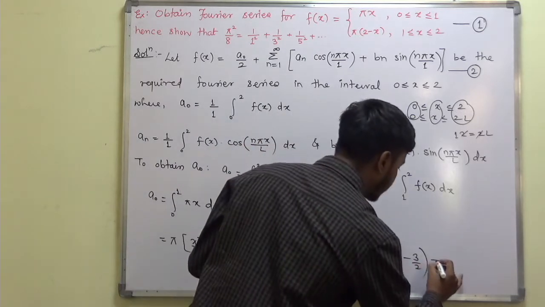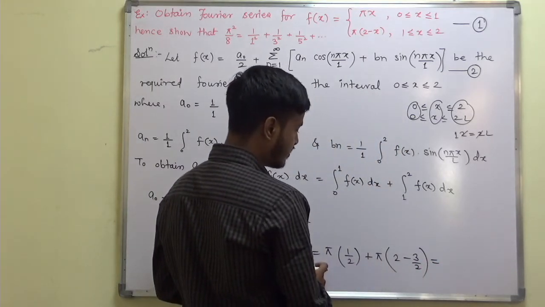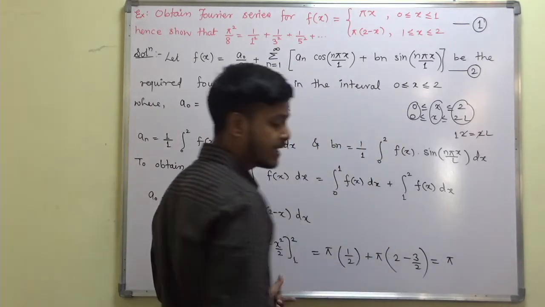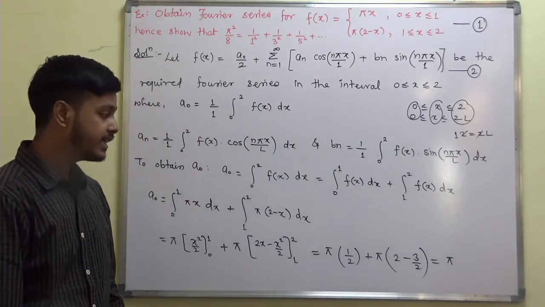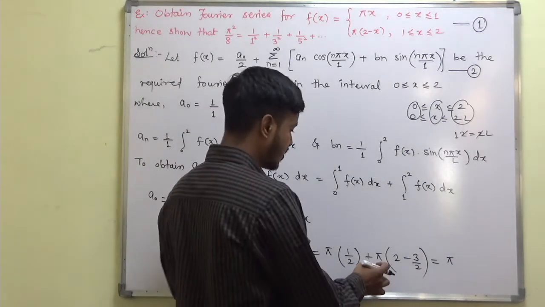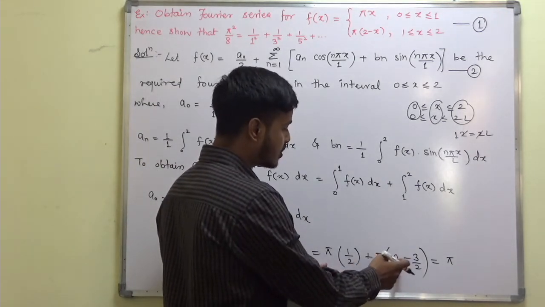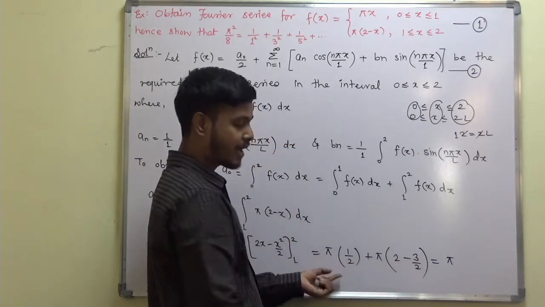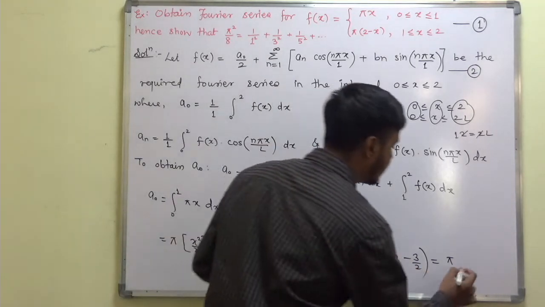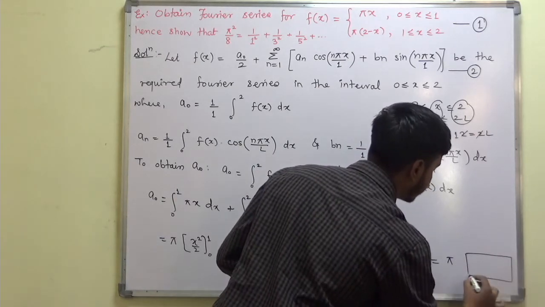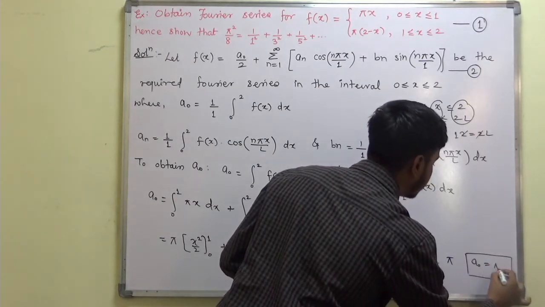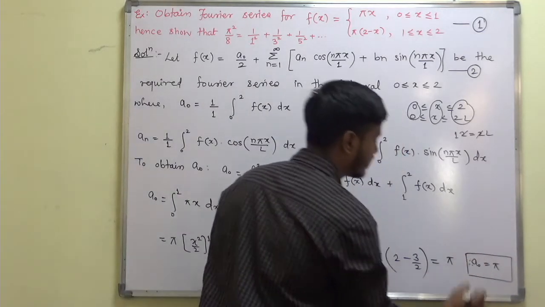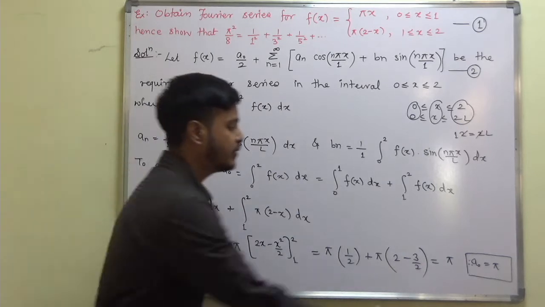You can take pi common, and then 2 minus 3 by 2 is 1 by 2, 1 by 2 plus 1 by 2 is 1. So here I am getting the value of a0 to be just pi. Therefore, a0 is equal to pi.